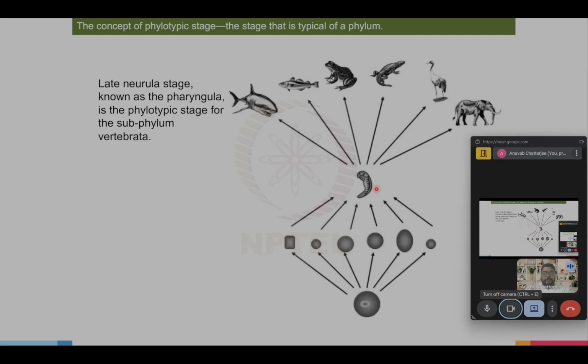But this also creates a constraint, because you can't have different structures which were not present in the pharyngula or the phyletic stage. Structures which are not compatible with the phyletic stage cannot appear in that particular phylum, because the body plan will start from this stage only. So you can't just introduce something new which cannot develop from this. So this is a phyletic constraint.